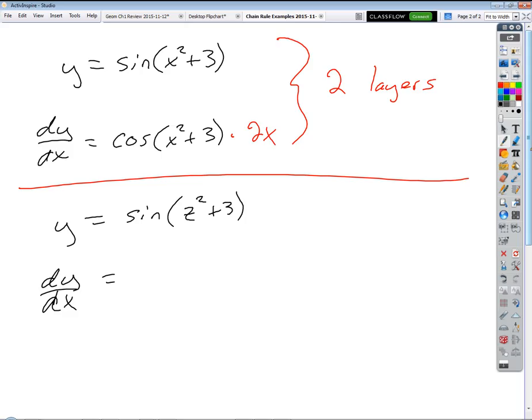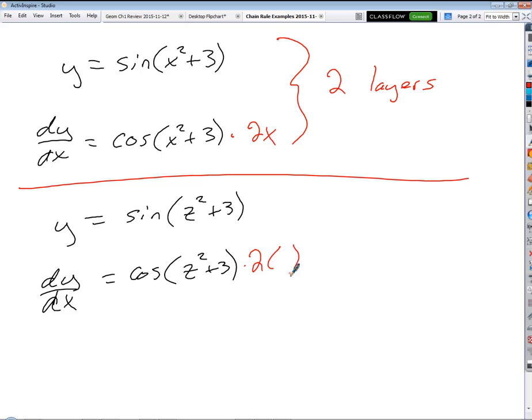So at the outermost level, what do we got here? We got sine, and the derivative of sine is cosine, right? So the first layer is going to be cosine of something. The second layer, I've just got something squared plus 3. So what's that? 2 times something. Good. That's going to give me 2 times something, and the something is a z.